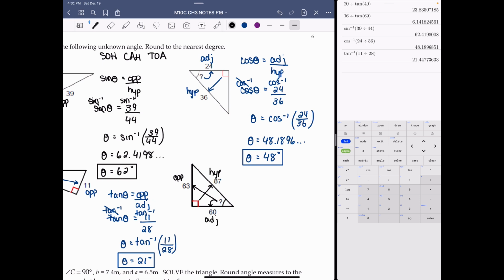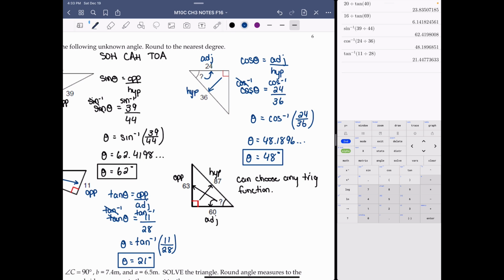So how do we know which trig function to use? Well, since we have all three, we can choose any of the trig functions. So whichever one you'd like to do, I'm going to go with sine.